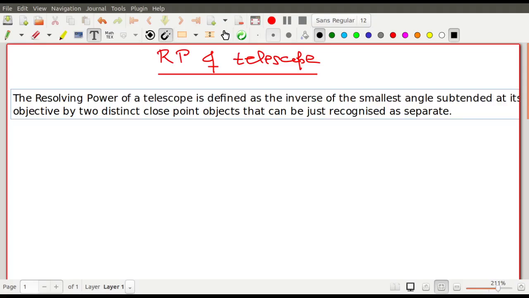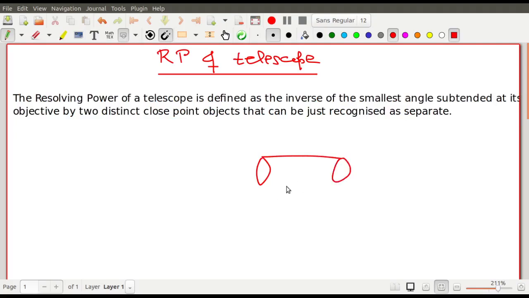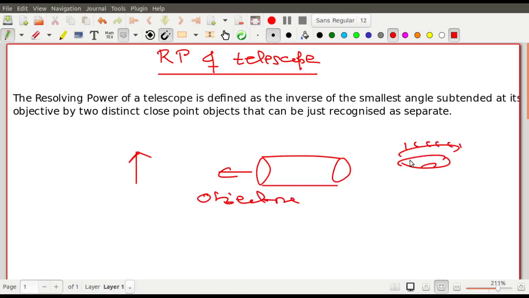Objective means the lens of the telescope. A telescope actually has two parts. This one is your objective, the object on which you focus. So that side is called the objective, and this side is the human eye. So this side is called the eyepiece. So actually a telescope, or a binocular, has two lenses.